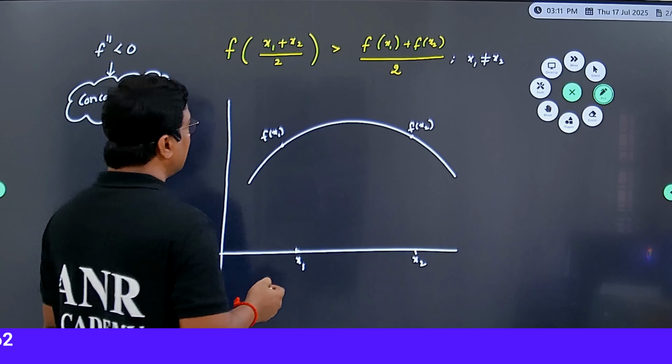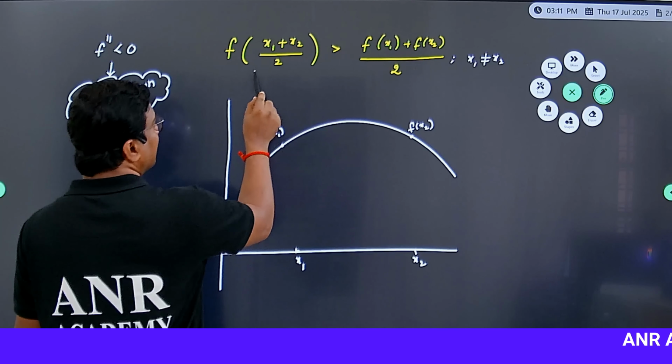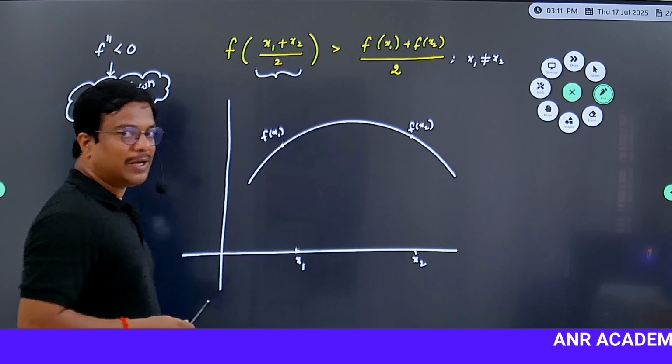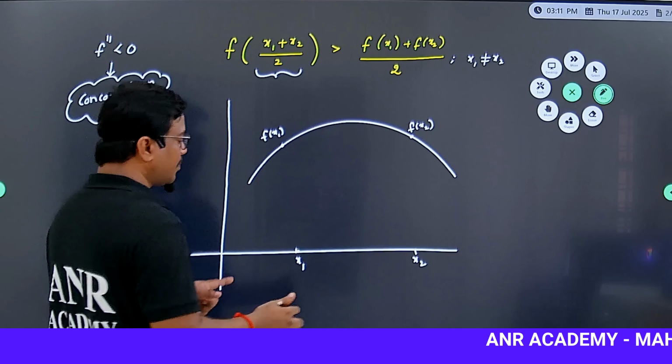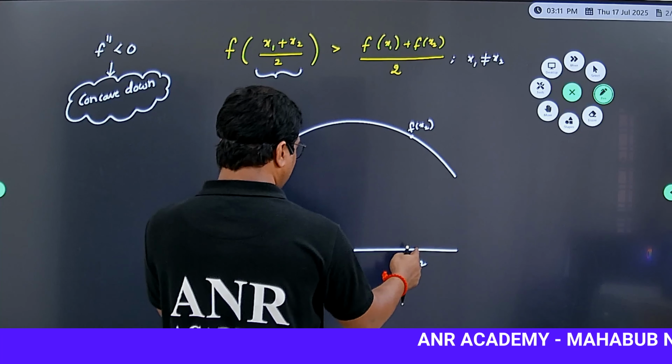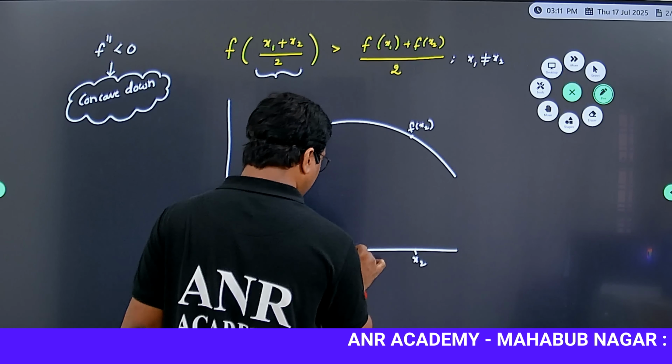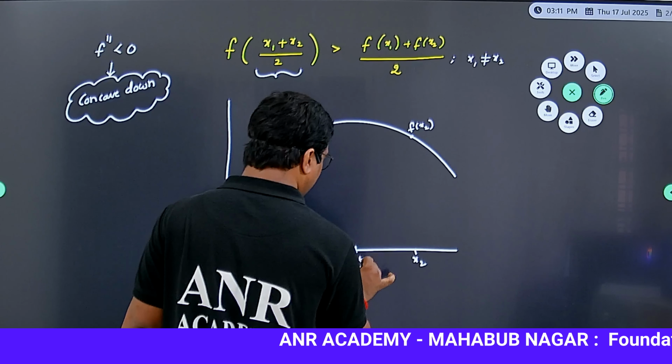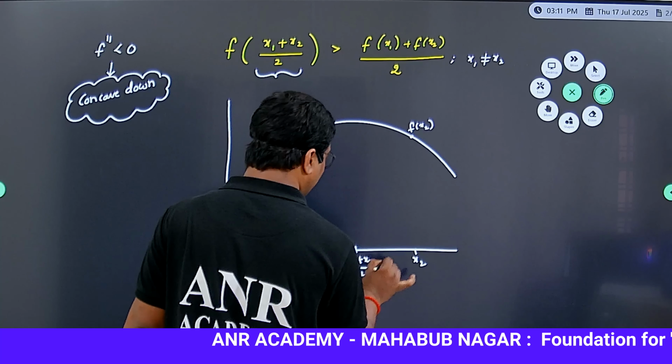Now I am going to find (x1 plus x2) divided by 2, the average of these two, that is the middle point. Here we get the value of (x1 plus x2) by 2.